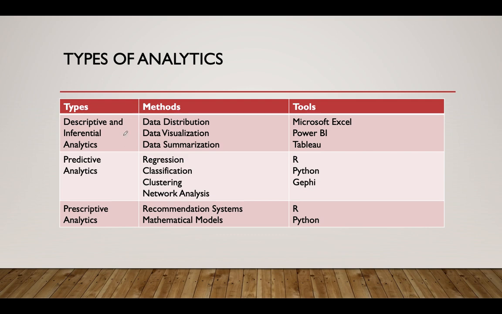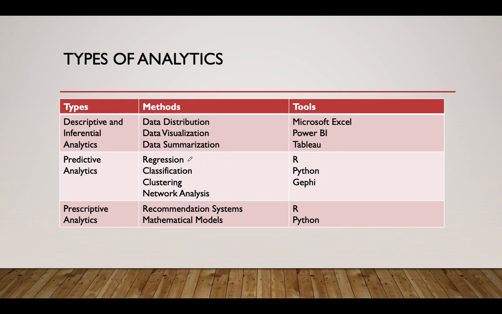Now we'll be talking about types of analytics. Again, as discussed, descriptive and inferential analytics, predictive analytics, and prescriptive analytics. If you see, these are the types which we discussed before. Further going forward, these are the methods which we use. As in, for describing, we use data distribution, visualization, and summarization.